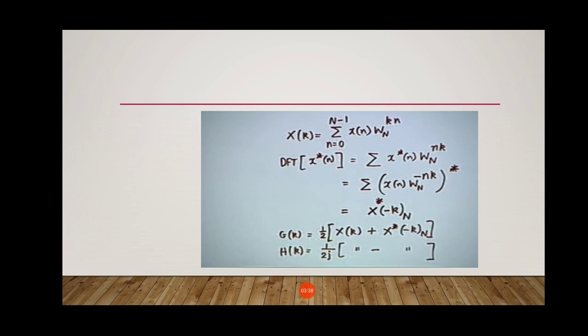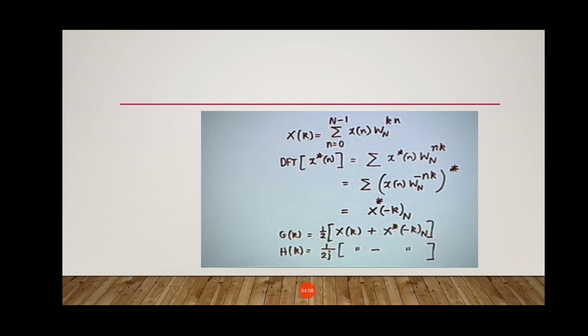Now if we are writing minus k, it is again out of our range of vision, so we have to bring a modulo N here, modulo of capital N. So we can say that the DFT of small x star(n) is capital X star of minus k modulo N.